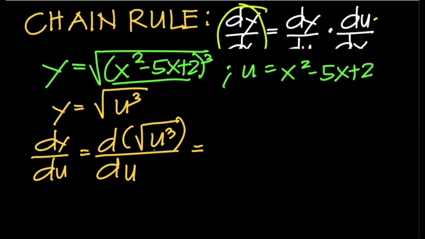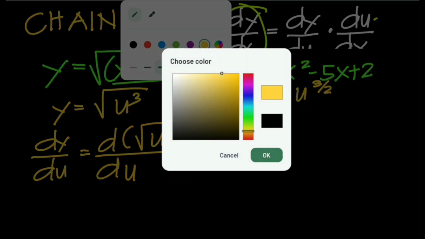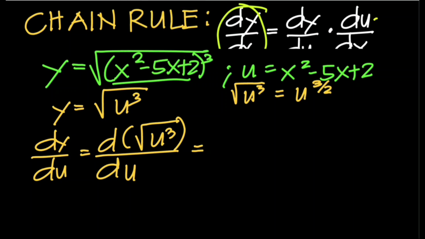So this is a radical expression. We have a square root given here, so we can write this in exponential form. So we can write the square root of u cubed as u to the 3 halves. So this is basically just the derivative of u to the 3 halves with respect to u.